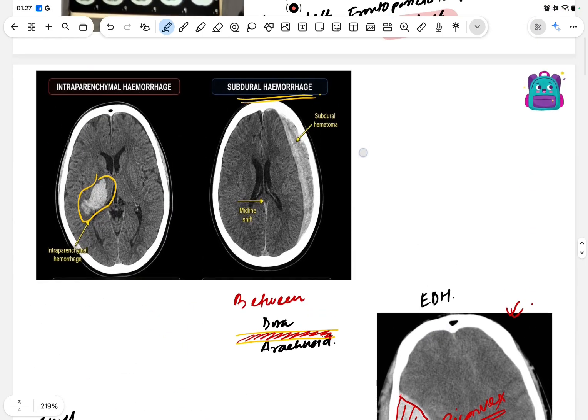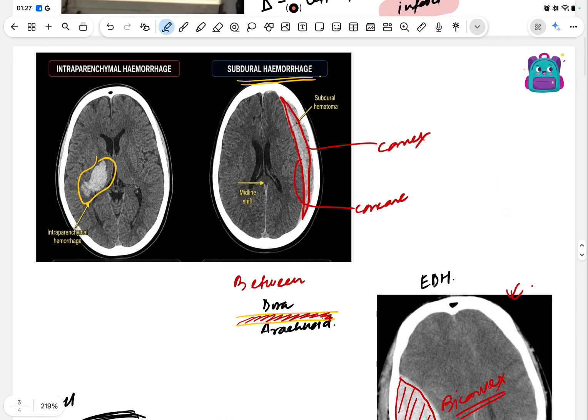But in case of subdural hemorrhage, it crosses the suture line and the shape is, see, here it is concave and here it is convex. So the shape is clearly concave or convex, right? Concavo-convex, or crescenteric.